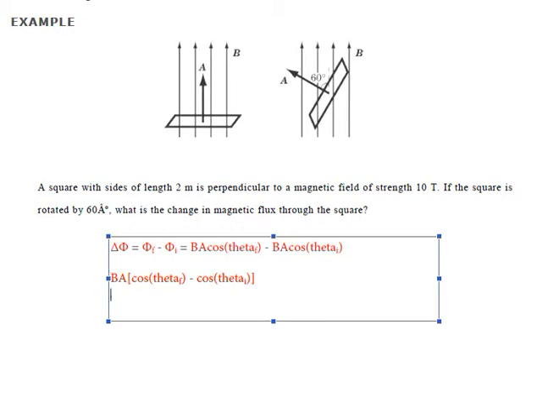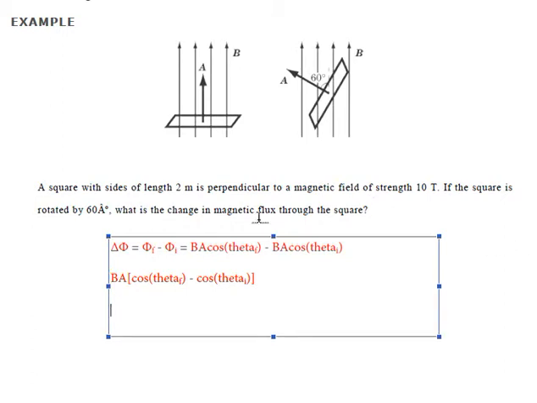So let's start plugging in the things that we know to figure out what is this change in flux. So we have magnetic field, the strength is 10 teslas. Area for a square is length times width. If one side of a square is 2 meters, then all sides are 2 meters.